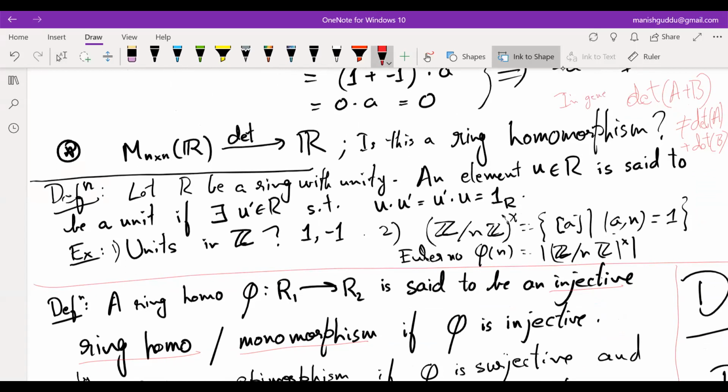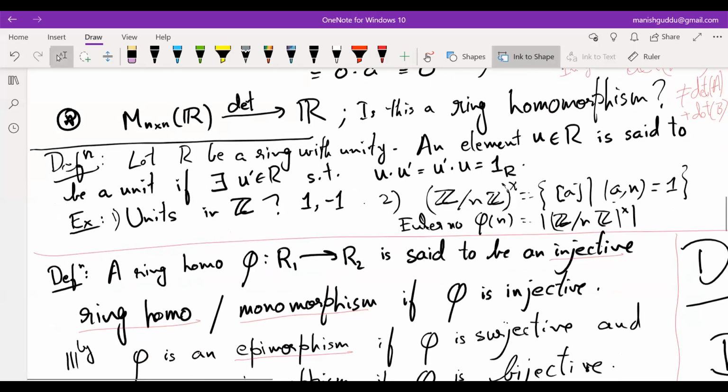Of course, if n is 1, then it is a ring homomorphism, since it's the identity map. Otherwise, it's not.